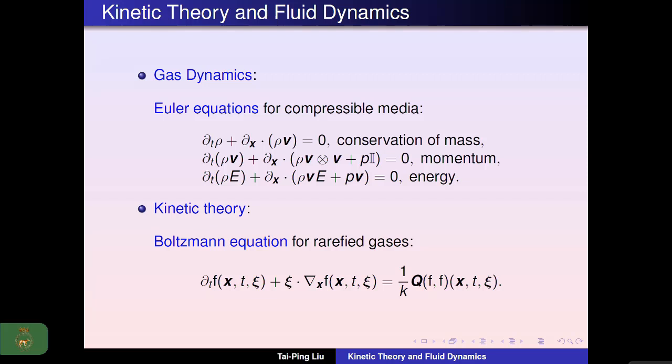So let me start with two equations. The first one is the Euler equation, which is a very old equation and the most basic one. It has no internal energy, no internal structure, no memory. And then there's the Boltzmann equation for the kinetic theory. I don't want to bore you with this equation.